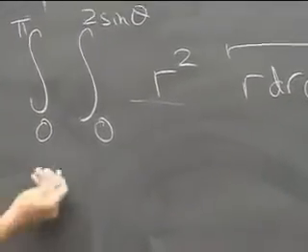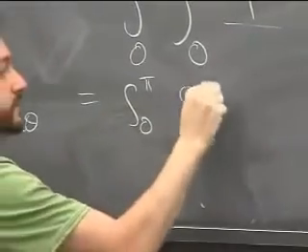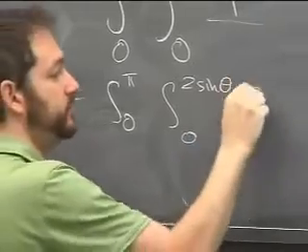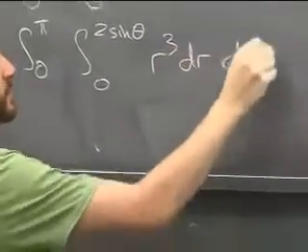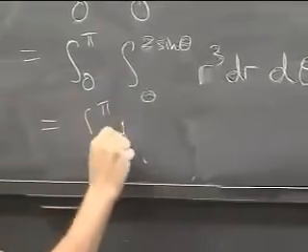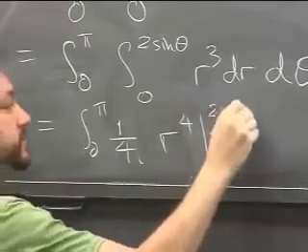So now we just have to do it. You get 0 to pi, 0 to 2 sine theta of r cubed dr d theta. So we'll do the r cubed. You get 1/4 r to the 4th evaluated between 0 and 2 sine theta.